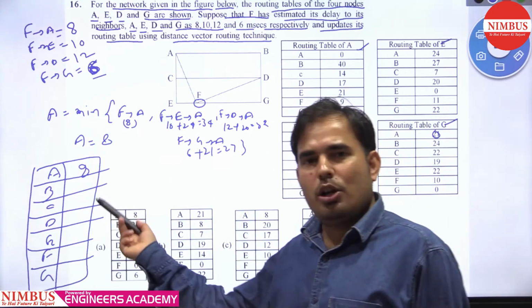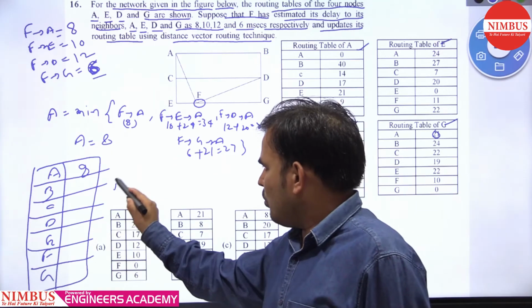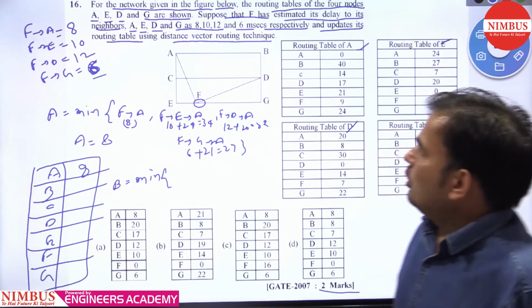In a similar way, we will also calculate for B, where we also need to take the minimum.